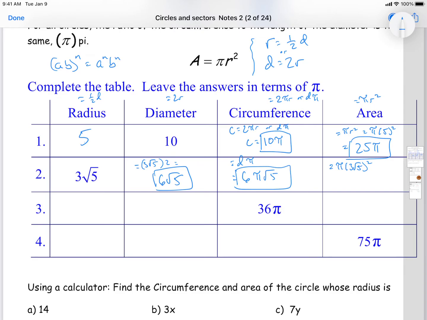Meaning that this is going to be pi times 3 squared rad 5 squared. Rad 5 squared is 5, 3 squared is 9, so this is actually going to equal 45 pi.